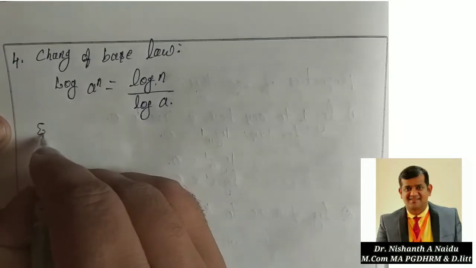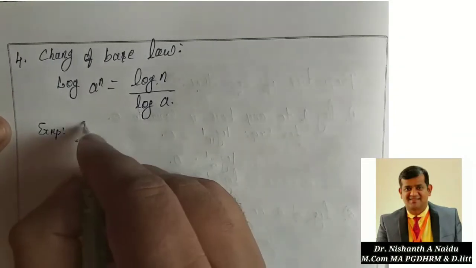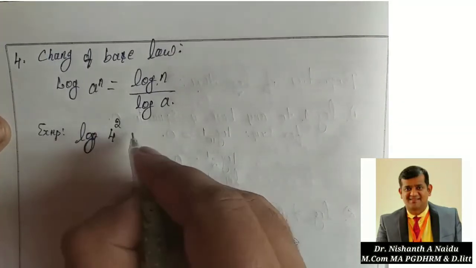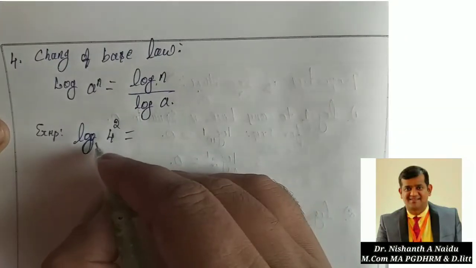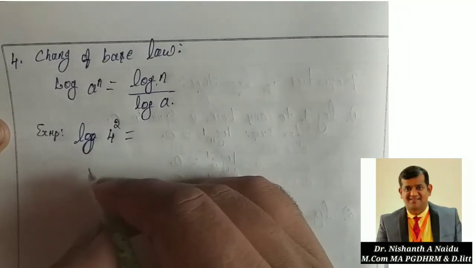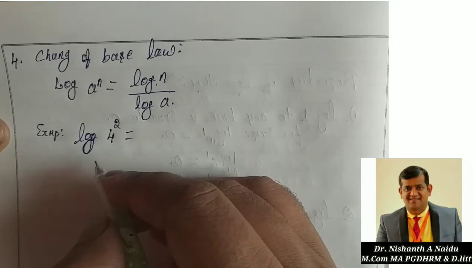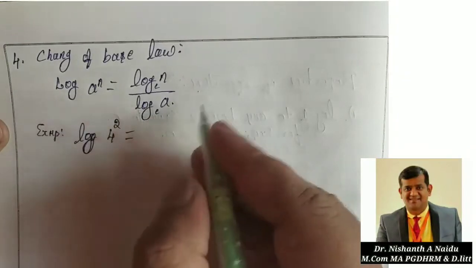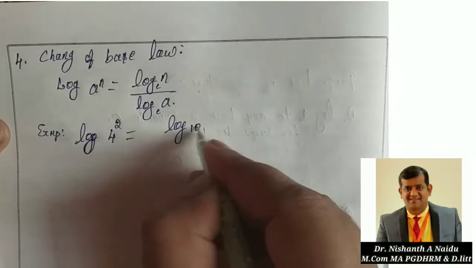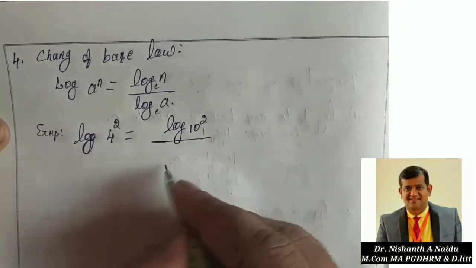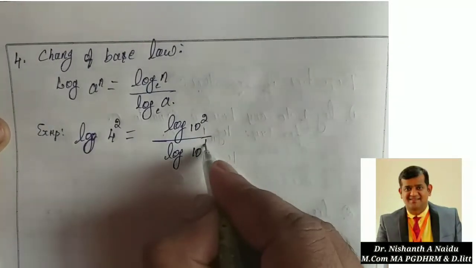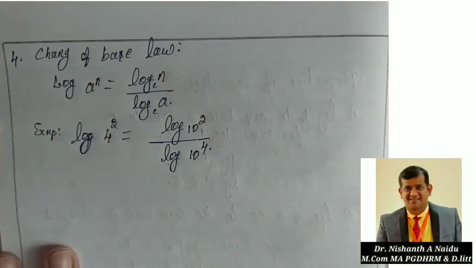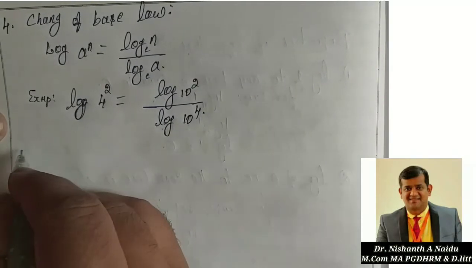I'll give an example for this: log 4 to the power 2. Whenever a base value has not been given, we take an assumed value. So here we'll have an assumed value. How this works: log 10 to the power 2 divided by log 10 to the power 4. Okay, clear? Fine.